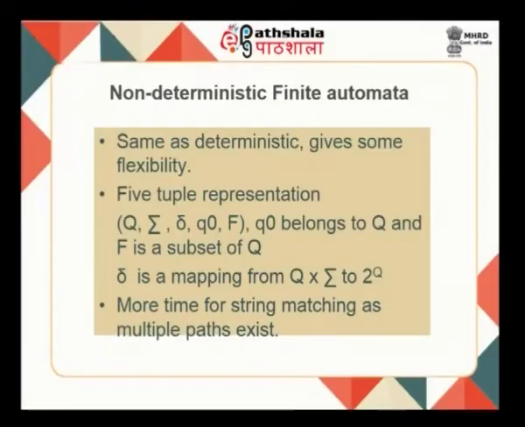So string matching is going to take some more time compared to a deterministic automata, because in a deterministic automata there is exactly one path. Here there are multiple paths available, and if even one path takes you to the final state from the start state, you will call that string as belonging to the automata.